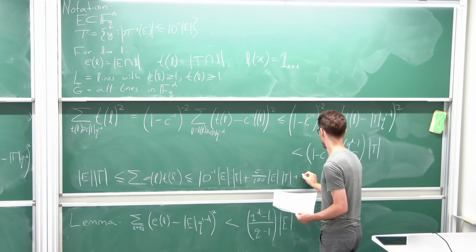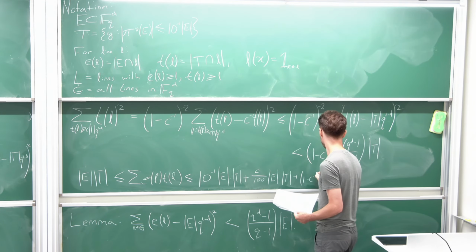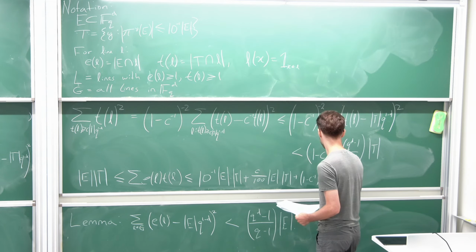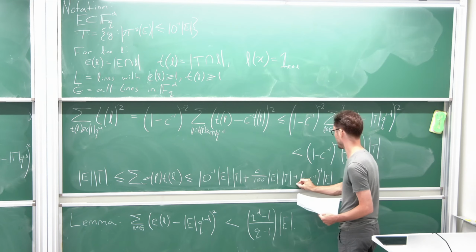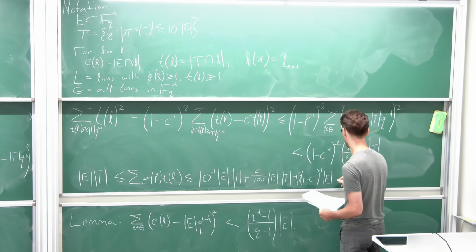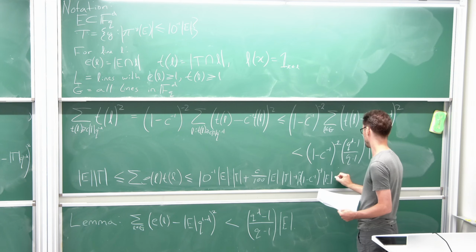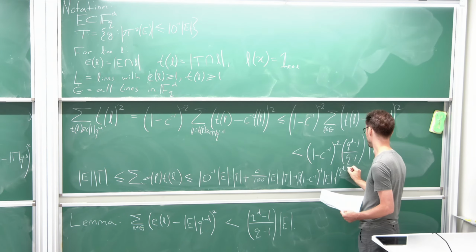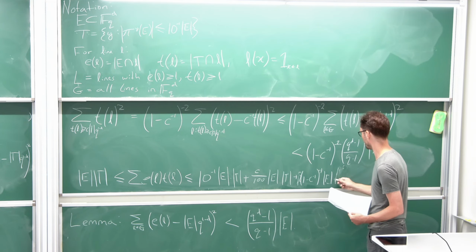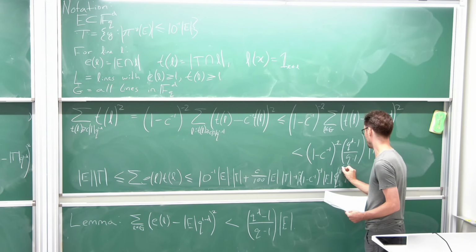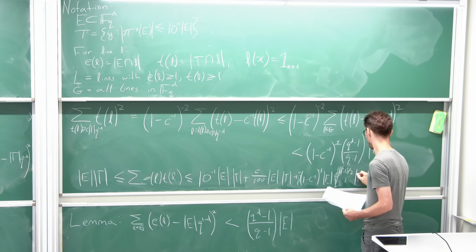So there we get 1 minus C inverse times E times, I guess, the square root of 2 here, times square root of q to the d minus 1 over q minus 1. This is basically q to the d minus 1 over 2 times t to the 1/2.